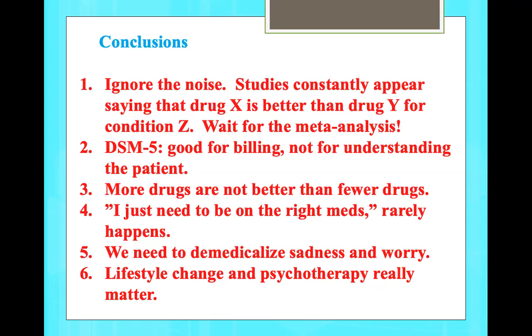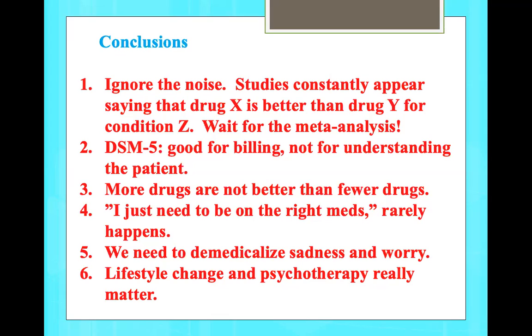We might try bupropion. We might try mirtazapine. And remember, it's more important to base drug choice on desirability or lack of desirability of side effect profiles than it is believing that one particular drug is more efficacious than another.